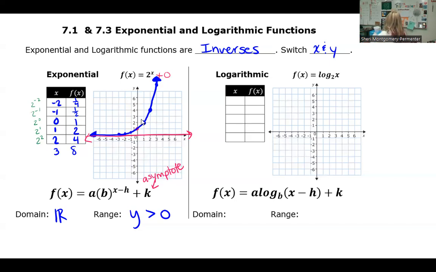Okay, so again, we haven't finalized anything, but this is like our rough draft of our quiz. We're going to have you graph the function, which would be something like 2 to the x power, 3 to the x power. And then we're going to have you graph the inverse and state the domain and range.